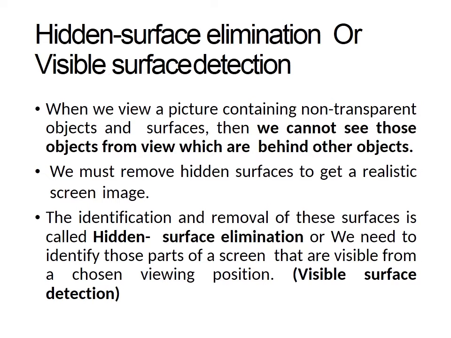So we are not randomly removing any figure or dimension; we have certain methods and procedures to hide the surface, or we need to identify those parts of a screen that are visible from a chosen viewing position. That is, from which point we are viewing the object and from which angle we are projecting the elements.